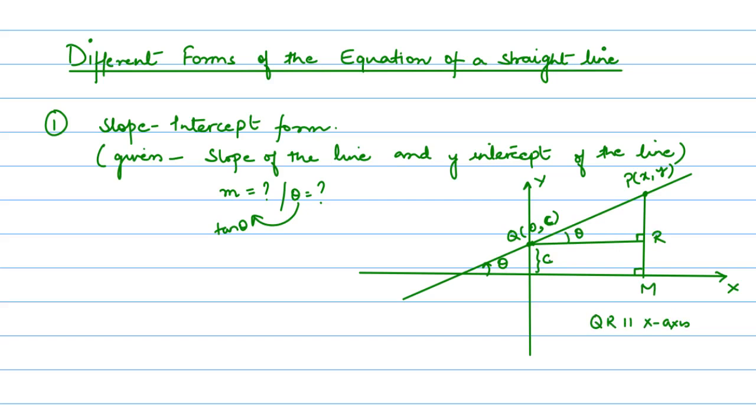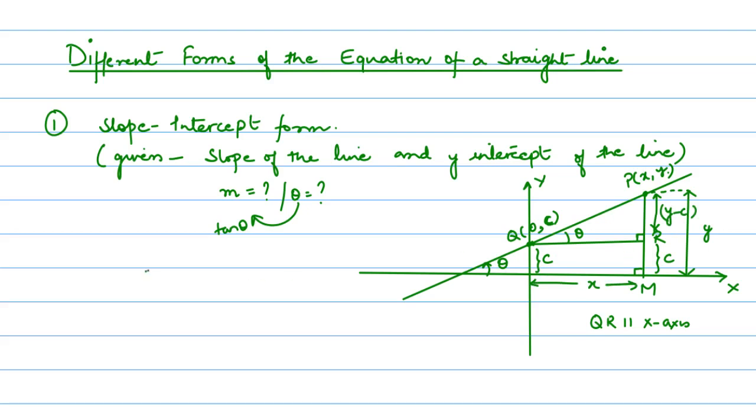Moreover, since this is C, this length will also be C. The total length is y, the y-coordinate. This length would be y minus C. And this would be x, the x-coordinate of the point P.